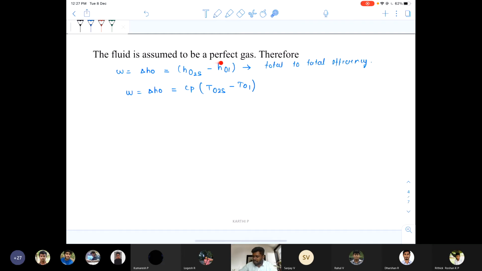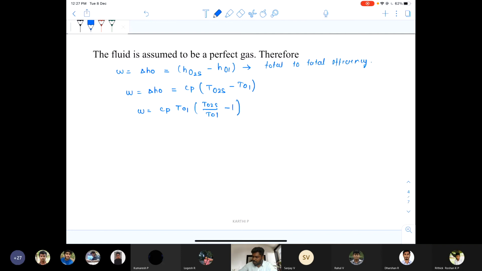We have replaced the change in enthalpy in terms of Cp times the temperature difference. Now on simplifying this equation, if you take T01 as common, you will be getting W is equal to Cp T01 times T02S divided by T01 minus 1.